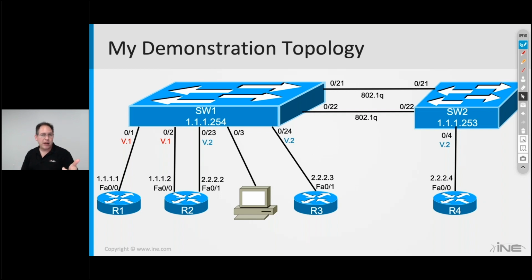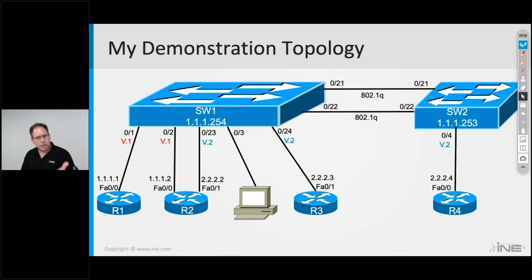If I was doing a debug on router 2, we would have seen the ping come in because ingress was allowed on 0/24. We would have seen router 2 respond to that ping. But when that response comes in, switch 1 would say, oh, well, I can't send that response out 0/24. 0/24 is a SPAN destination port. The only thing I'm allowing out of that interface is SPAN traffic.